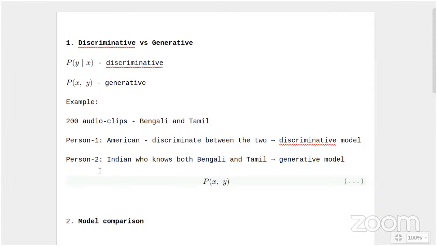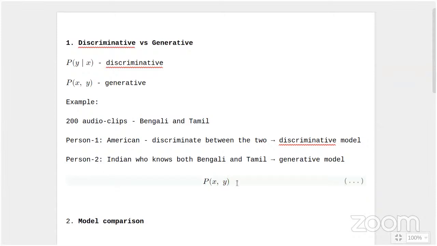I have a model of what an audio clip in Bengali actually looks like, what it means. I understand the language, and as a consequence, the classification task becomes very simple. So I get to understand the source of the data in some sense, and that's why I call this generative.